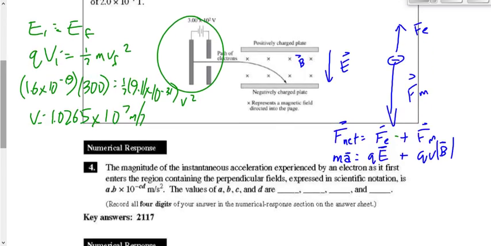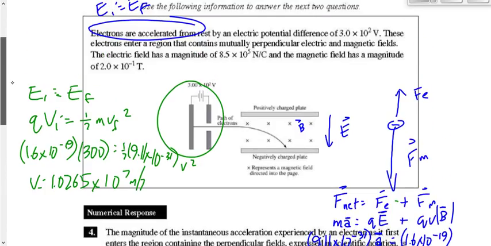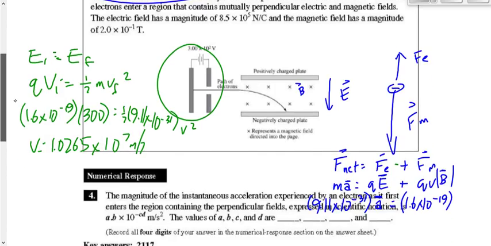We know the mass of the electron is 9.11 times 10 to the minus 31. Solving for A, Q is 1.6 times 10 to the minus 19. We must know the electric field between those two plates. Yep, 8.5 times 10 to the 5.